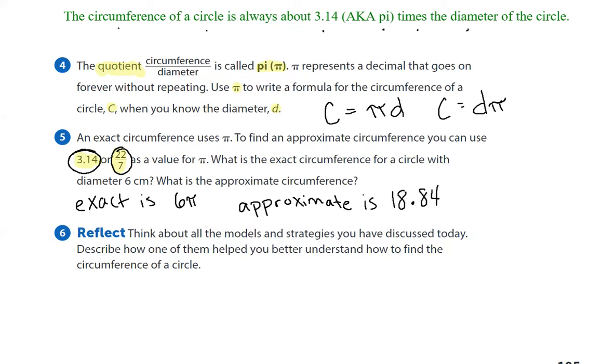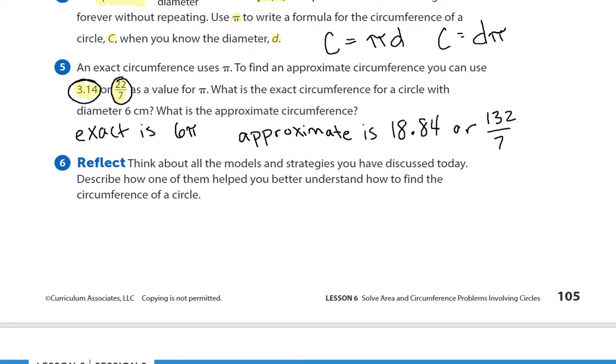And yes, you can check your work with calculators at this stage, because I'd rather you focus on the circle stuff than the calculation stuff. Or 22 times 6 is 132 over 7. So those are approximations, because we had to round pi, because pi is too long to use.